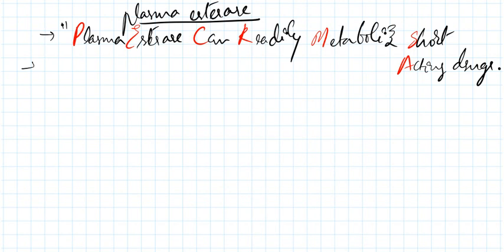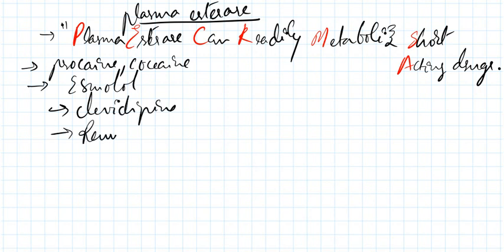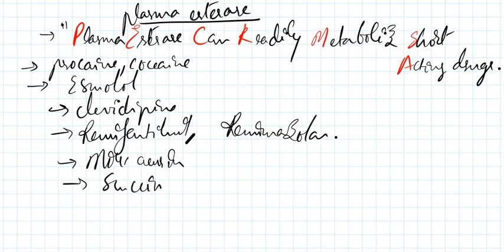P for procaine, cocaine, and E for esmolol, C for clevidipine, R for remifentanil, remimazolam, M for mivacurium, S for succinylcholine, and A for acetylcholine.